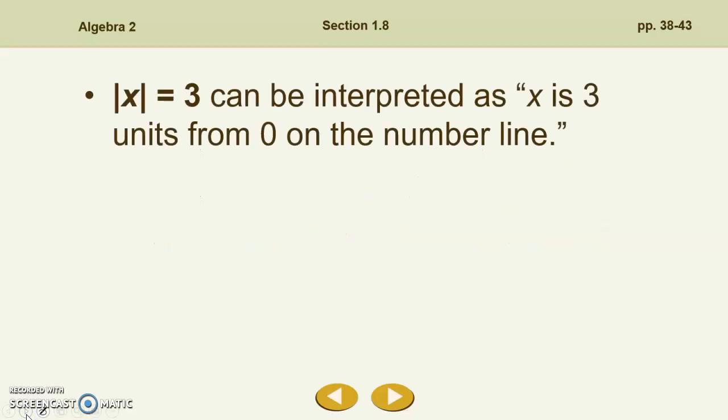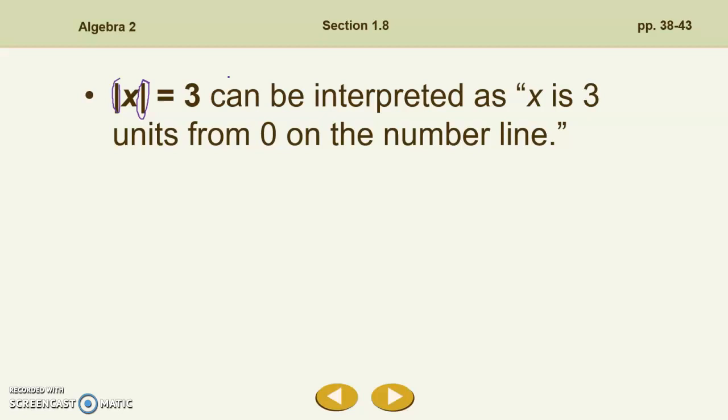When we're talking about absolute value, we're using these absolute value bars. This is read as the absolute value of x equals 3. It can be interpreted as x is 3 units from 0, or x is 3 units from the origin on the number line.